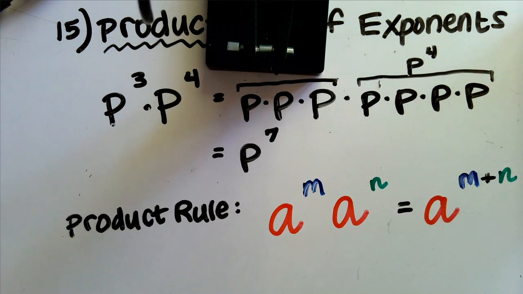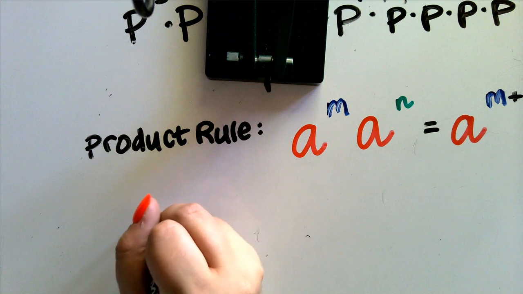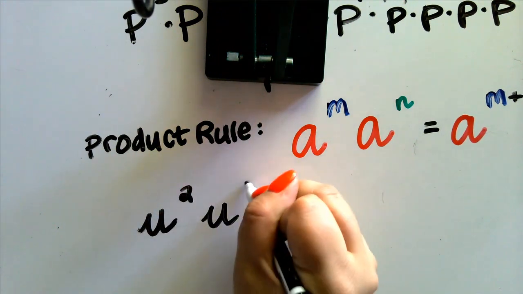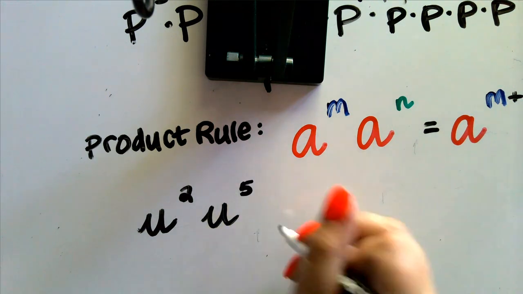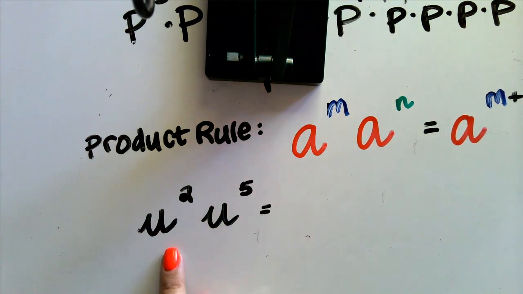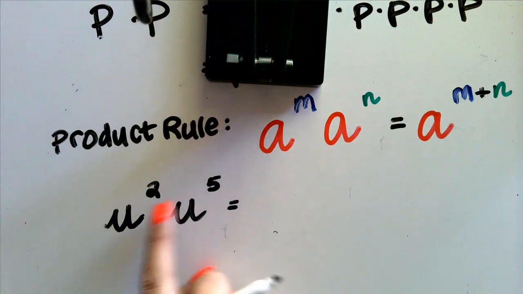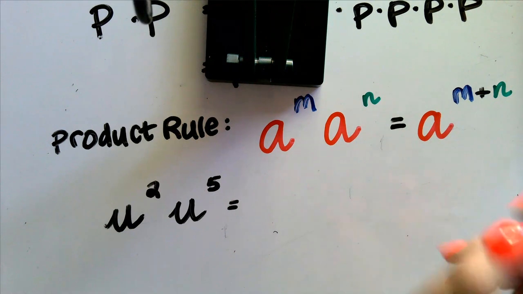Okay? Not too bad. So let's just go ahead and do one more quick example: u to the second times u to the fifth. We already know our exponent rule. We know that this is going to be u to the 7th power because we can just add them together based on our rule.